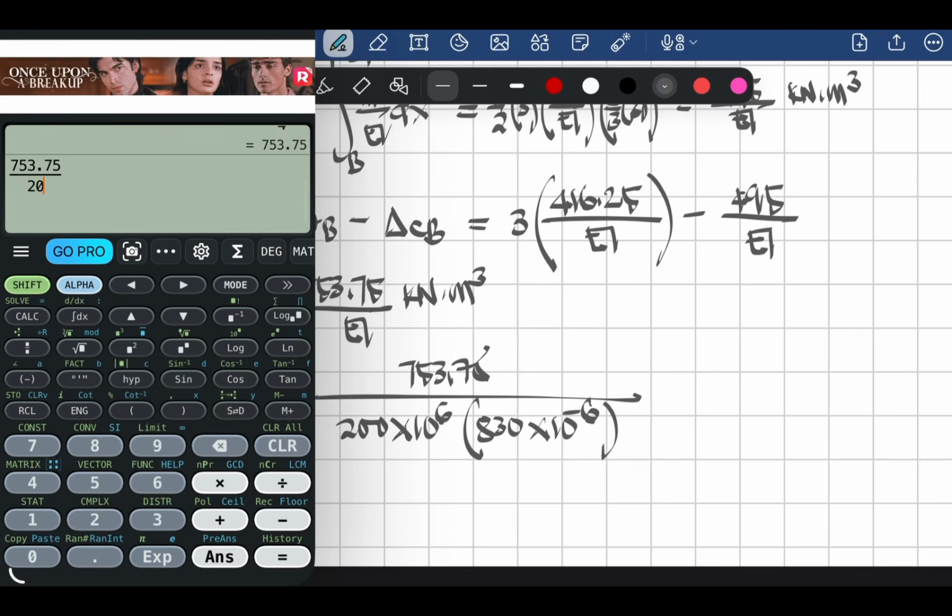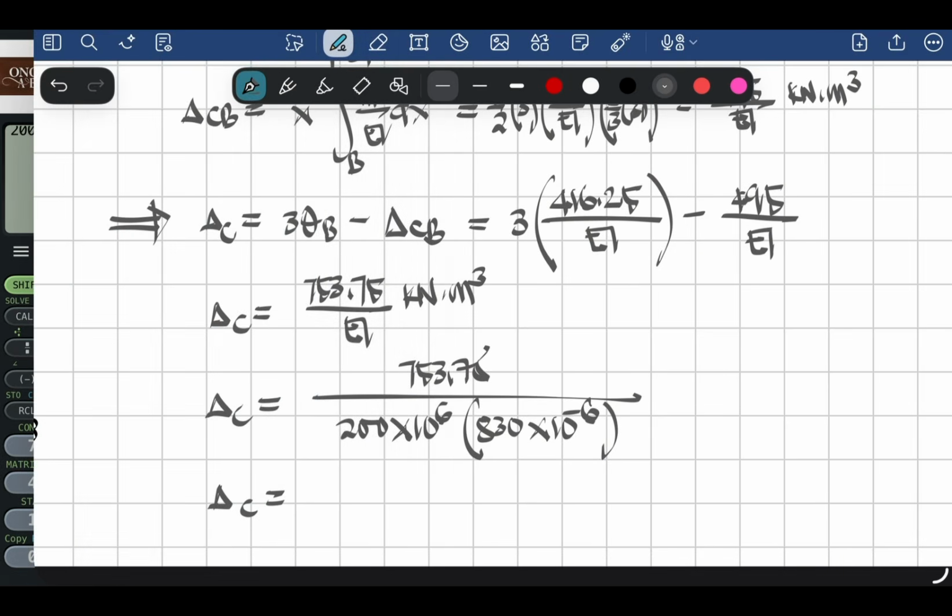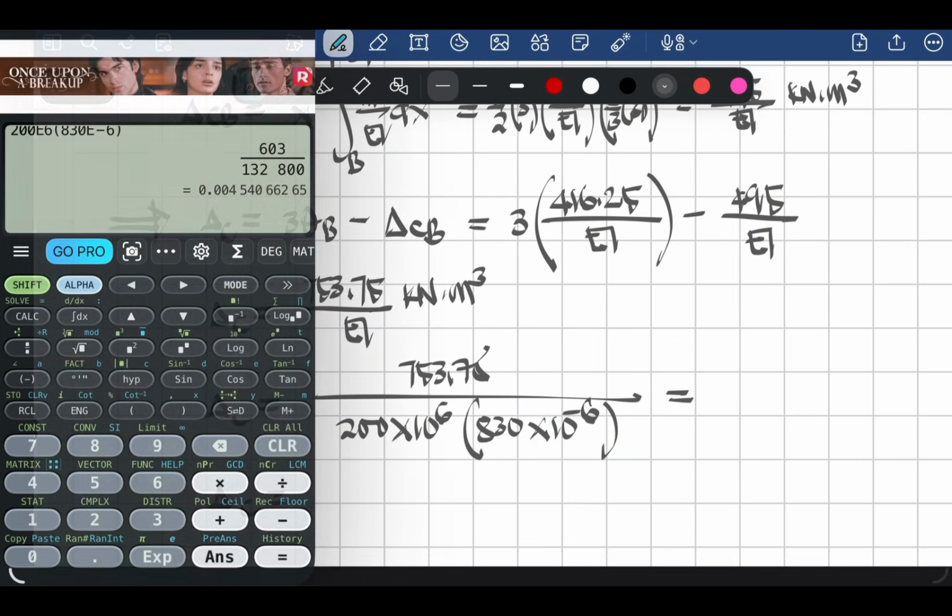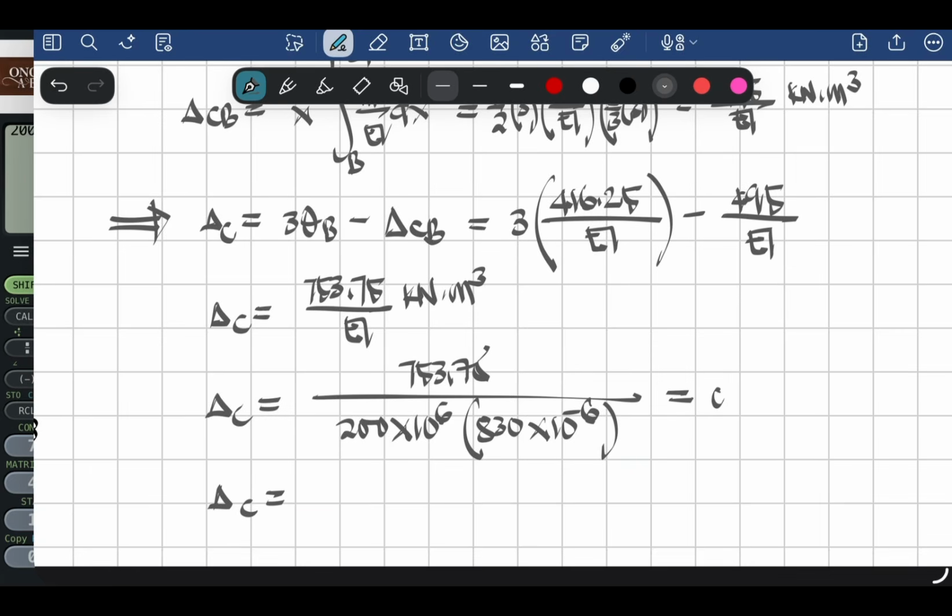This is equal to 0.00454 meters, or 4.54 millimeters.